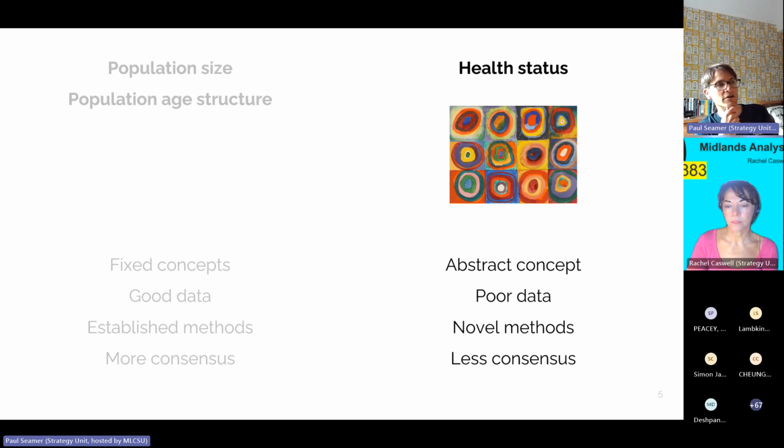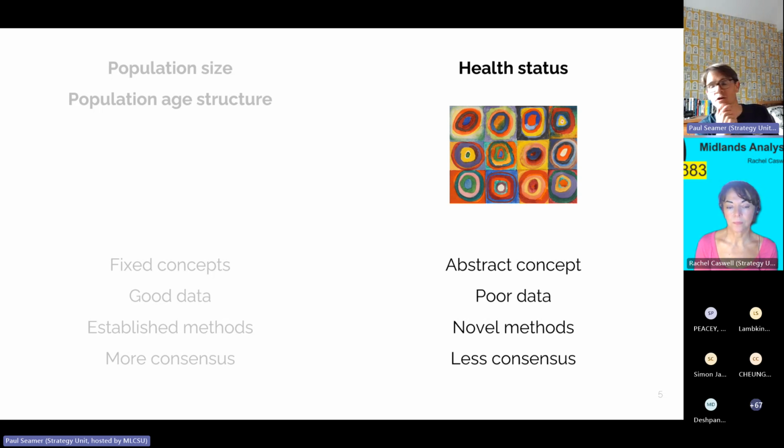Are we talking about disease-specific measures, or are we talking about more general measures of health? Are we talking about self-reported measures or measures from administrative data sets? It's difficult to track over time. Definitions are constantly changing. We don't have access to good long-term data in this area.